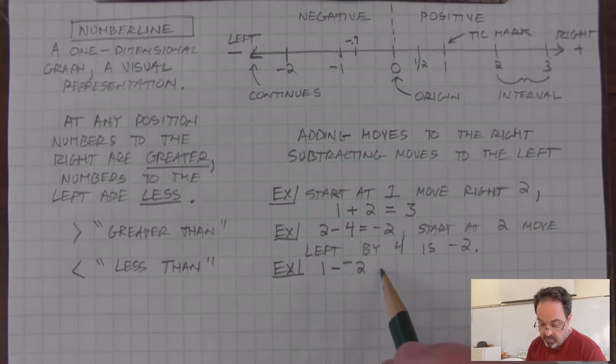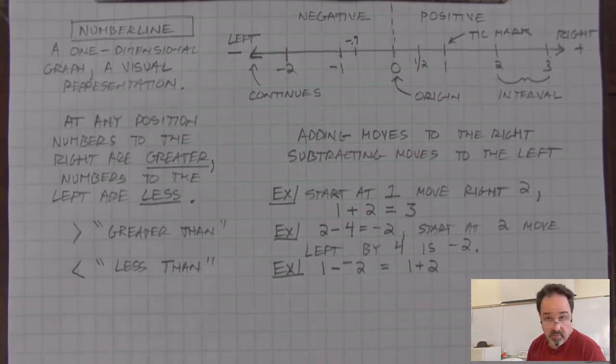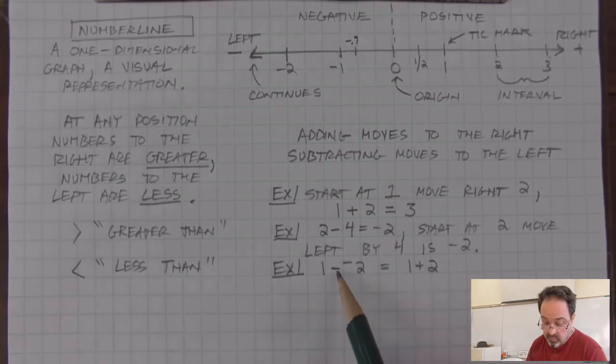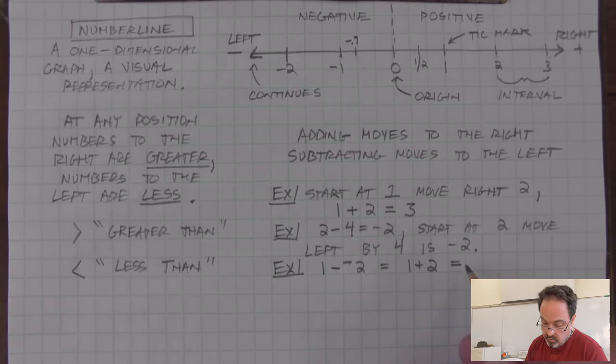Another way of thinking of this is subtracting a negative is the same thing as going to the right, which means it's addition. Subtracting a negative is the same thing as addition, and when we do our math, it's customary to change subtracting a negative into addition before then finding the answer.